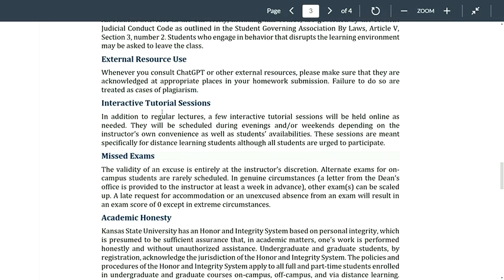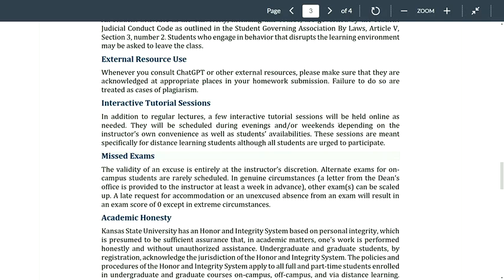So this interactive tutorial session is mostly for the benefit of the distance students who might be out of touch with some of this, because you guys are in school, so you know all these things, and you know enough MATLAB, but they might not. So I schedule special tutorial sessions on Saturdays or Sundays.